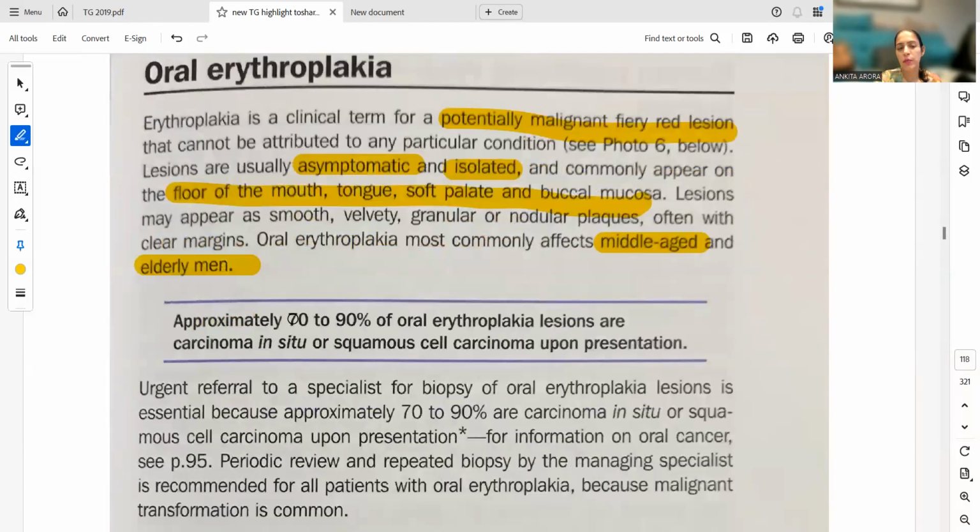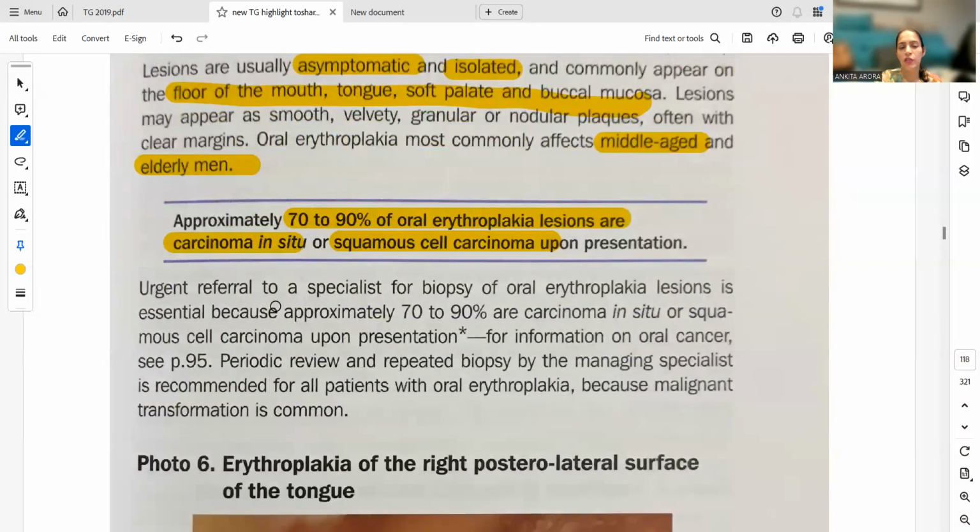Approximately 70 to 90% of oral erythroplakia lesions are carcinoma in situ or squamous cell carcinoma upon presentation. Urgent referral to a specialist for biopsy of oral erythroplakia lesions is essential because the transformation rate is 70 to 90%. So it's much more disastrous.